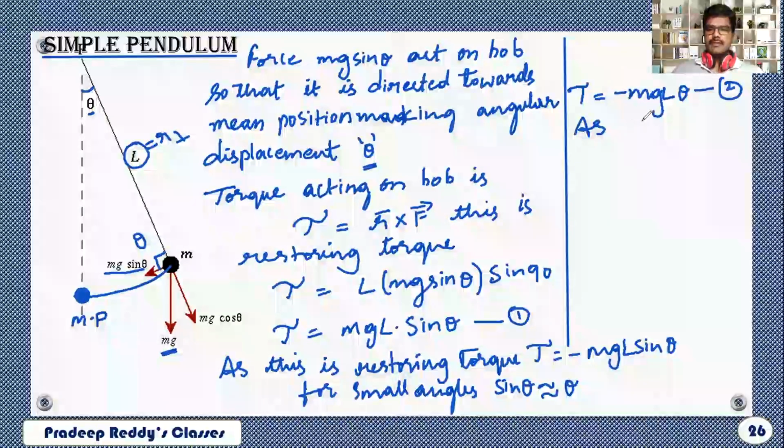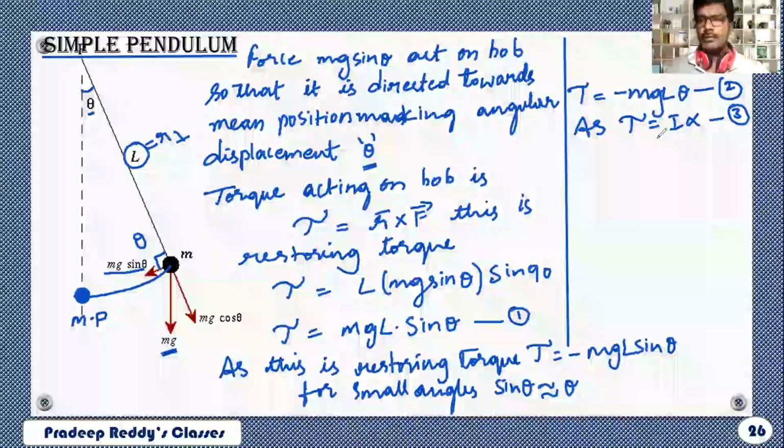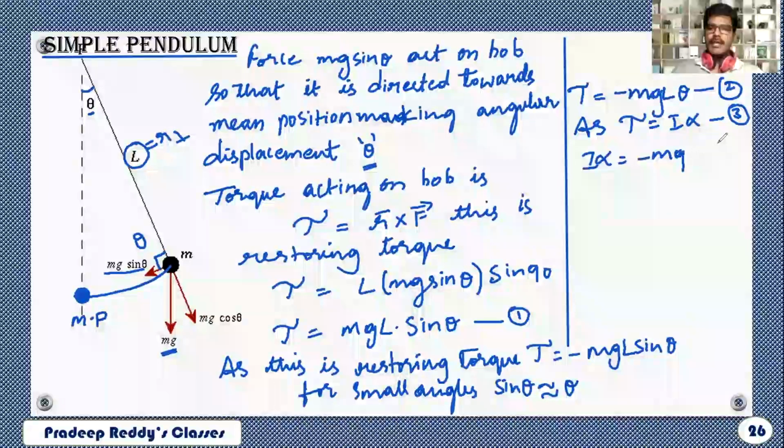So as tau is equal to I alpha, this is from rotational motion. As we know, when a body is in rotational motion, torque acting on it will be I alpha. Equation 2 and equation 3, I can equate them. So I alpha will be minus mgl into theta. I is moment of inertia.